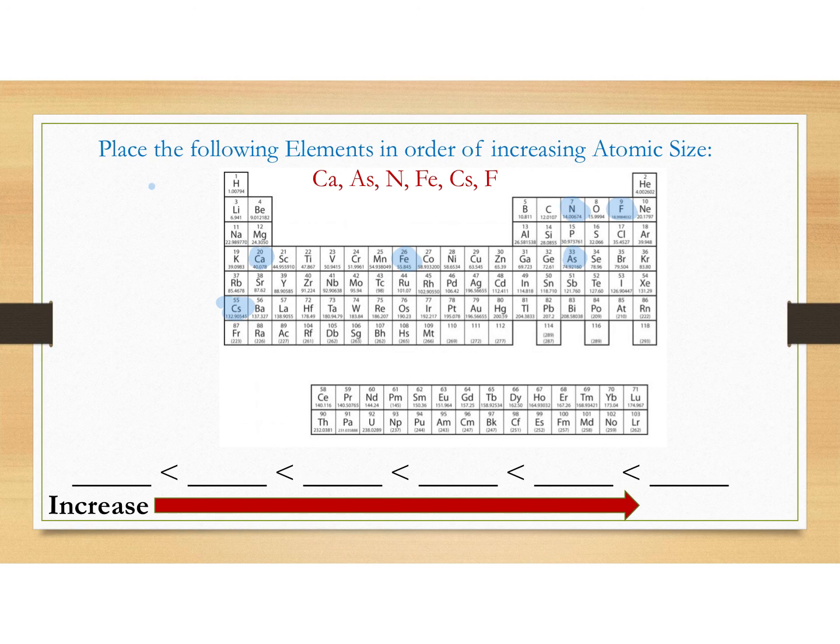What do we know about atomic size? Atomic size increases when we go from top to bottom. Why is that? We're adding electrons. Each period we add another quantum energy level, another row of electrons.